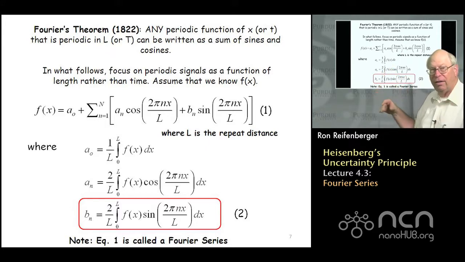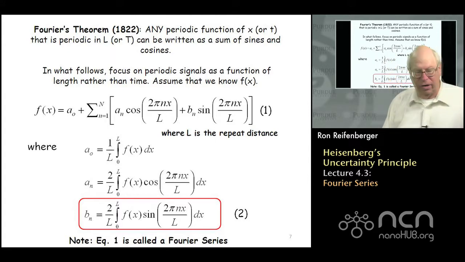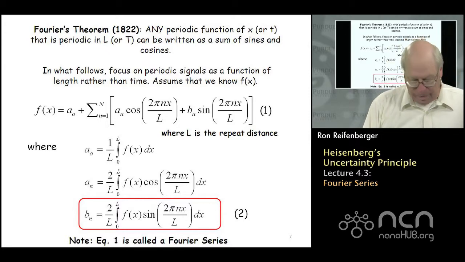It just depends on how the function is specified. If you can perform these integrals, then you can uniquely determine the values of these coefficients A0, a sub n, and b sub n. So you give me the value of n in this sum, I can then, in principle, calculate the various coefficients that are appropriate for that term in the sum.